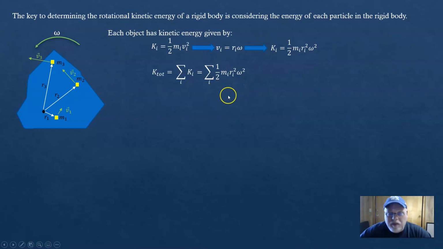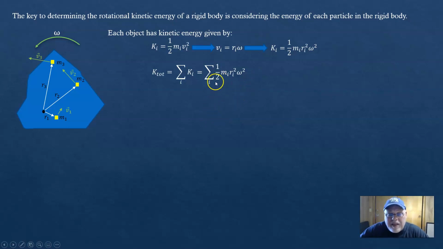Now, pulling a little bit out of your math background, remember, just like with integrals, with sums, if we have values in the sum that are constant, that don't change, then we can pull those constants out of the summation. In this case, the 1/2 is obviously a constant. And omega, we're assuming the object is moving at a constant angular velocity, so omega isn't going to change either. So I can pull those out.